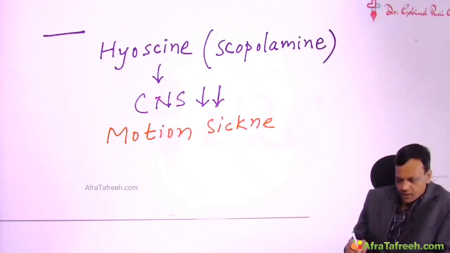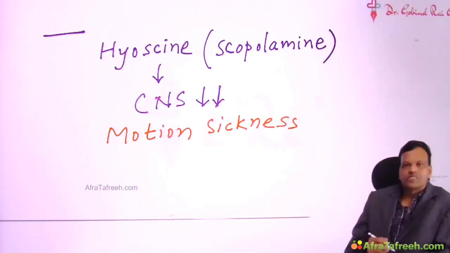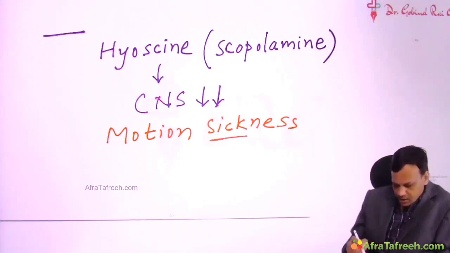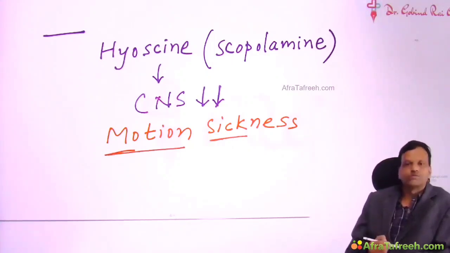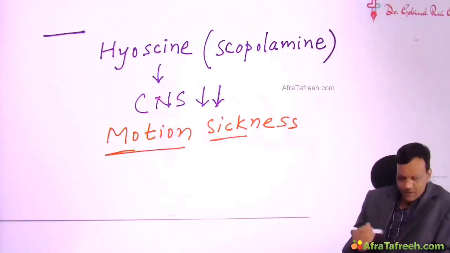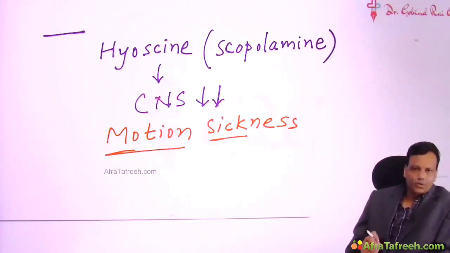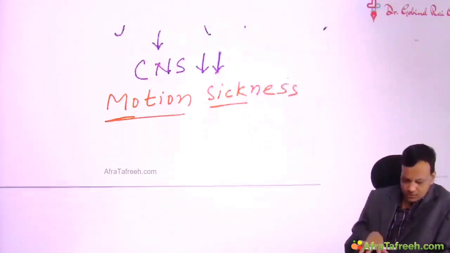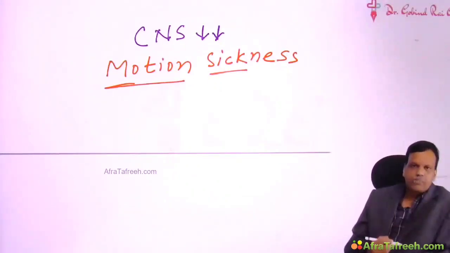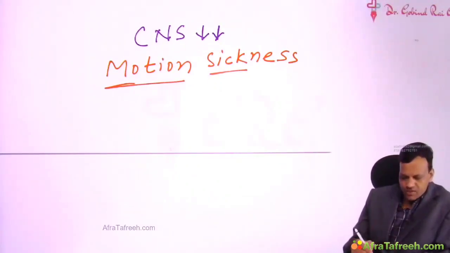First of all, what is motion sickness? As the name tells, the person is sick when the person is in motion. It means when the person goes to a high altitude in the mountains and is traveling by a bus or a car or any vehicle, the vestibular system of the person is stimulated.